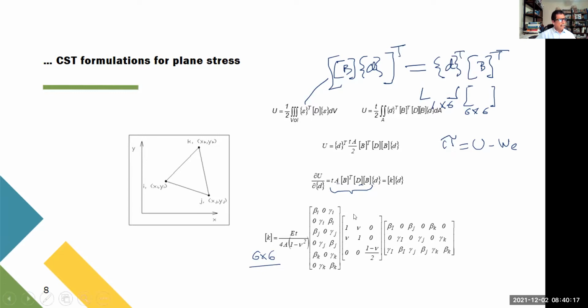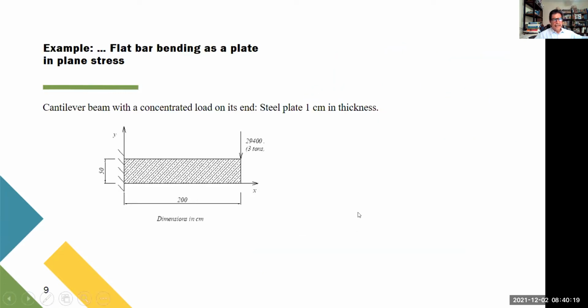So this is the application that I'm going to show you. Let's suppose that we don't have the plate like this, we have it like this. In this case, I have a vertical force. So it is a plane stress case.